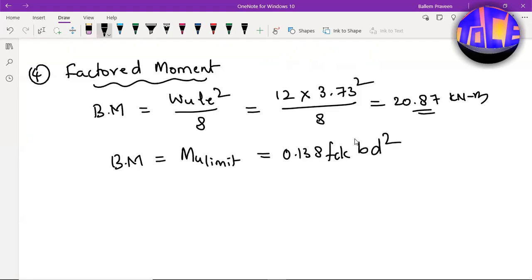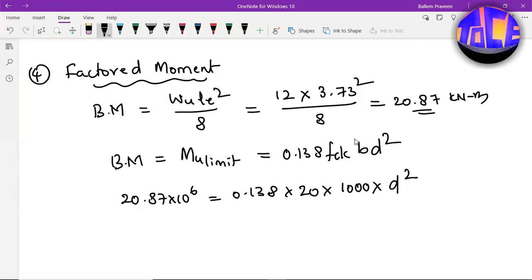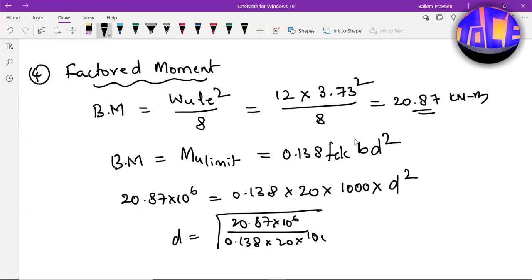So here your bending moment 20.87 into 10 to the power of 6 is equal to 0.138 into fck, which is 20, and b is 1000, and you need to find d square. So d will be under root 20.87 into 10 to the power of 6 divided by 0.138 into 20 into 1000.